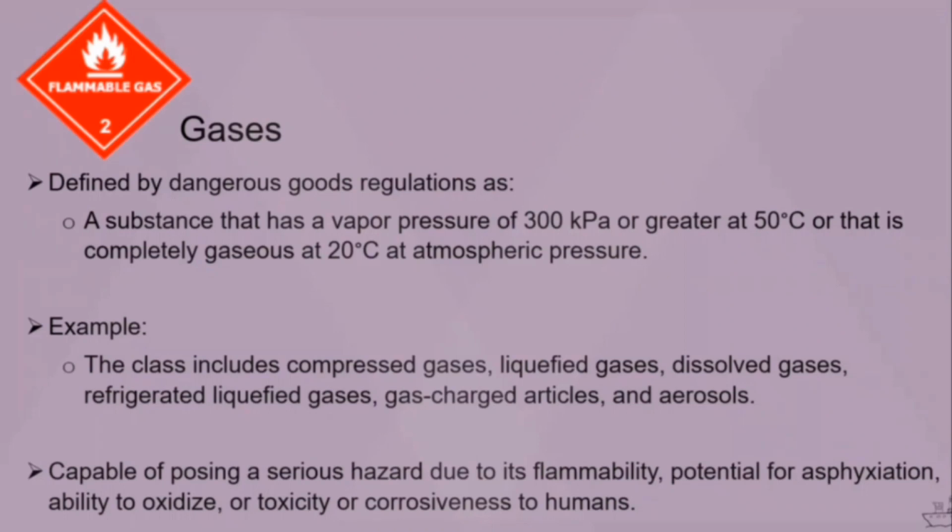The class includes compressed gas, liquefied gas, dissolved gas, refrigerated liquefied gas, and so on. It is capable of posing a serious hazard due to its flammability, potential for asphyxiation, ability to oxidize, or toxicity or corrosiveness to humans.